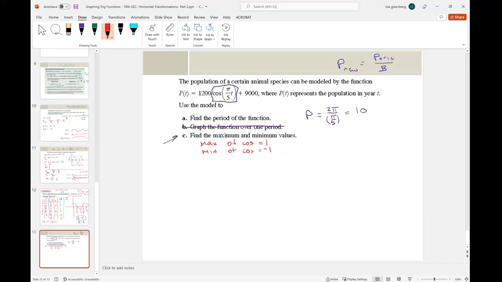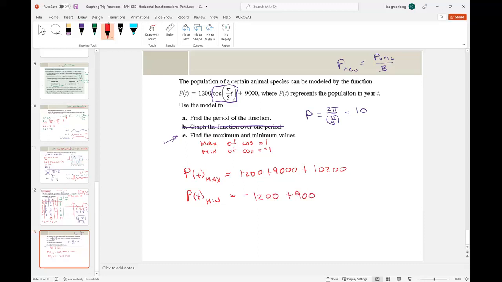So my maximum value, P of T max, I'm going to set this cosine equal to 1, and I just add 1200 plus 9,000, which gives me 10,200, right? Because that's the maximum value cosine can be, and there's nothing else. I don't have any other options. And then P of T min is going to equal, well, the minimum cosine is -1, so that'll be minus 1200 plus 9,000.